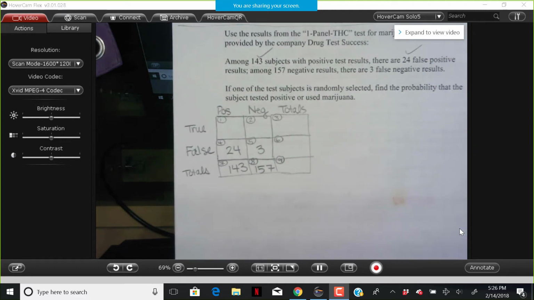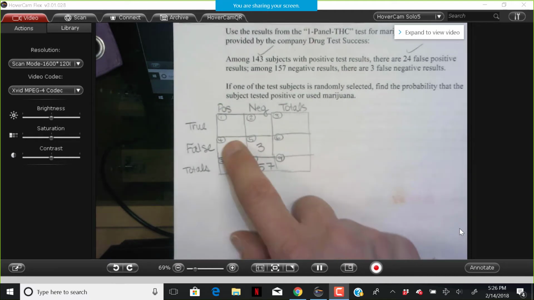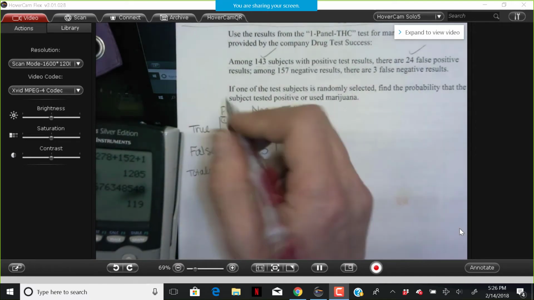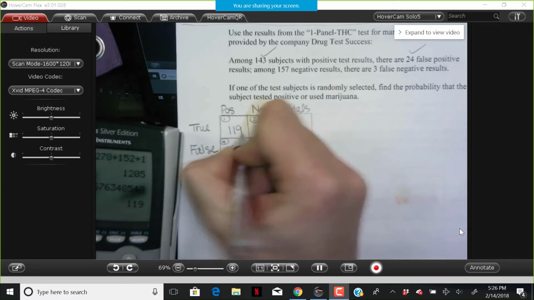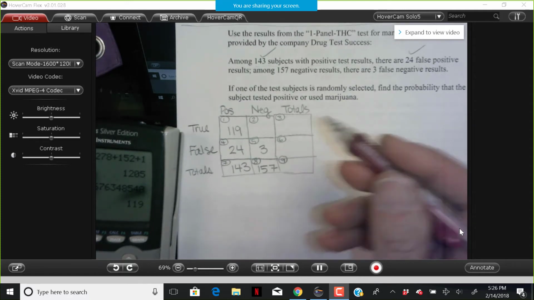Okay, so we have 5 boxes left. So how am I going to get box 1, the one in the top left corner? Yep, 143 minus 24. 119. Okay, and then what's going to go in box 2? Yeah, 154.